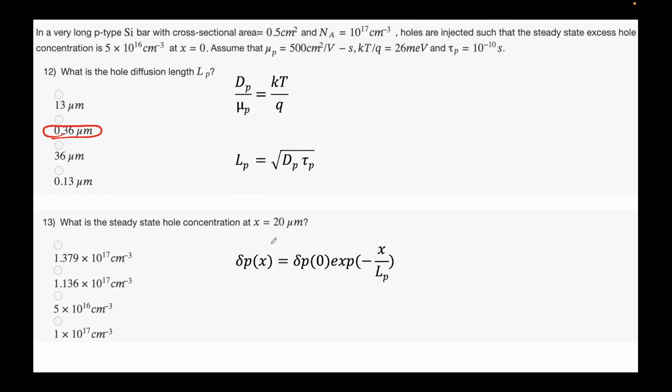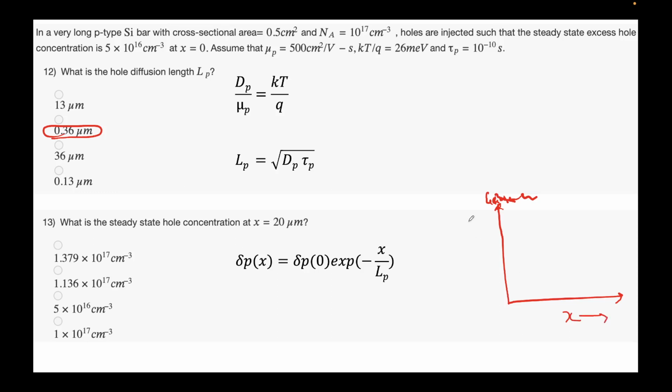As you recall, in the previous slide we derived such an expression, right? So this is your concentration. On your y-axis is your concentration, and on this axis here it's your distance x, right?